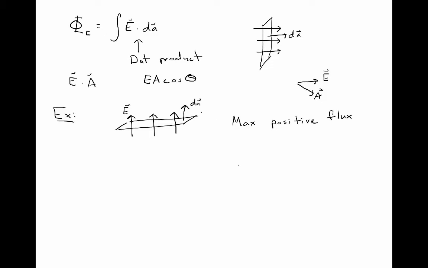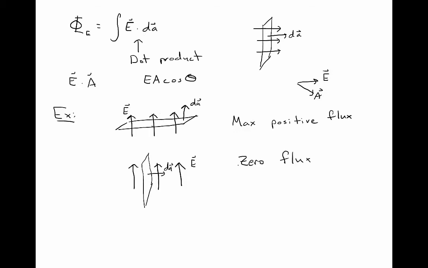If I had defined dA to be in the opposite direction, I would have gotten a maximum negative flux. Or let's say our electric field is going this way again. Let's say our surface is actually parallel to your arrows, which means that your dA is perpendicular to your electric field. Well, here you have zero flux.